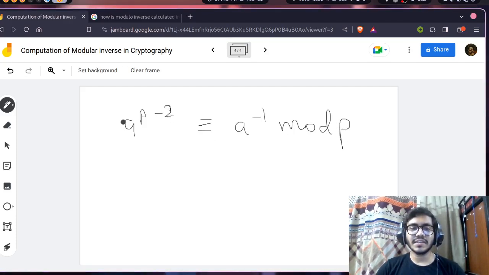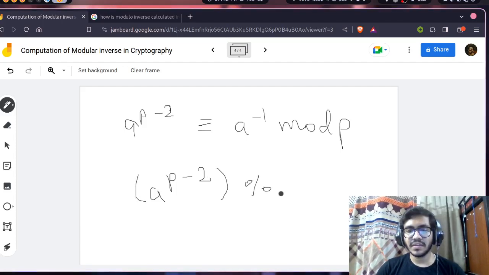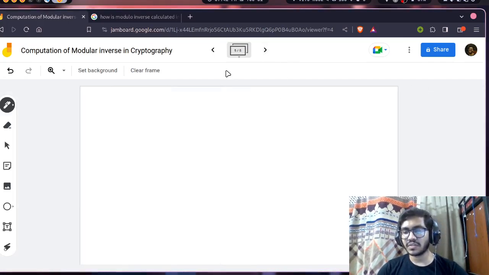So essentially saying that if p is a prime and you calculate the power of a number to the same mod minus 2, and of course you take it under the mods, so mod p, this is basically a inverse or modulo inverse of a. Right, this will give you a inverse under p. Straight and simple, and this can be derived from Fermat's theorem as we talked about earlier.